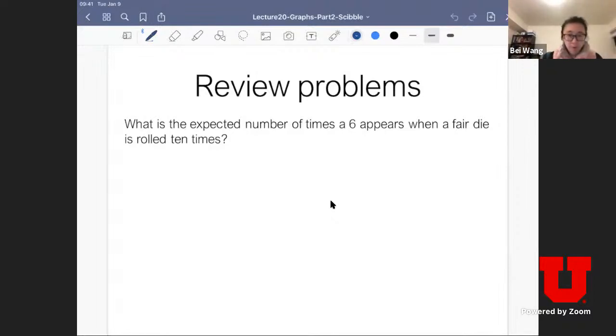To solve this problem, we're going to use a variable x, corresponding to the number of successful trials. For example, in this case, a successful trial is when a number 6 appears.